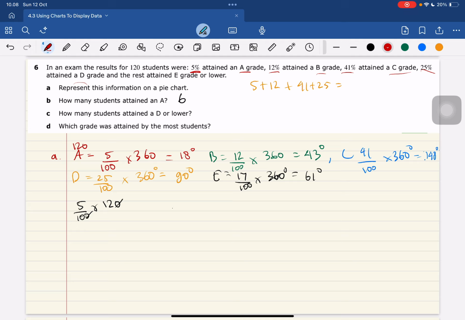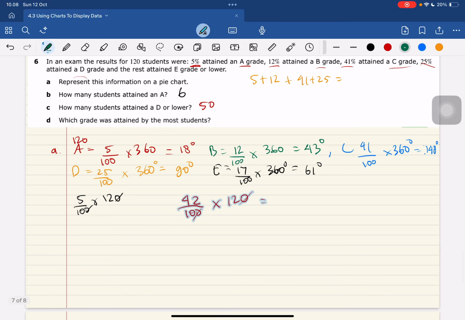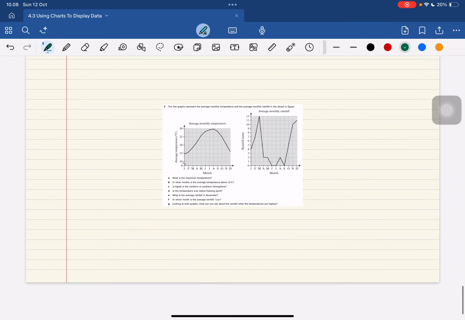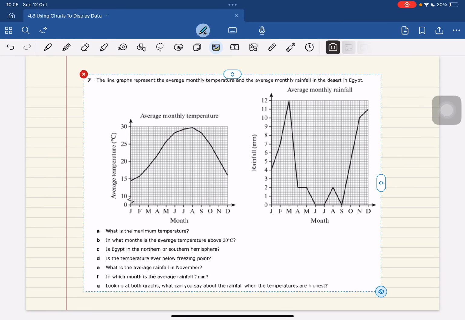So this is 42% times 120. Okay, so this will give us the answer of 50. Next, which grade was attained by the most students? Okay, this 41 degree is C. Okay, there it is.